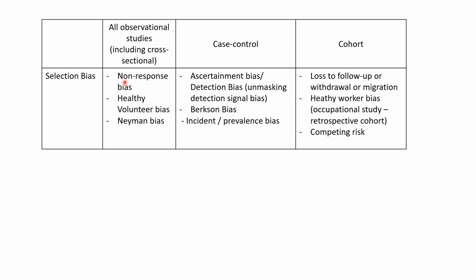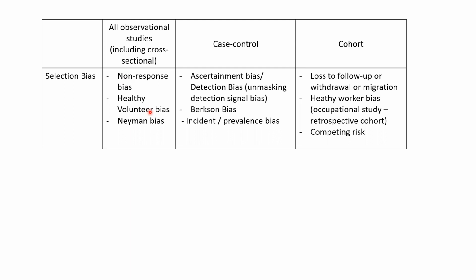You said non-response bias, which we can find in all types of studies. Also we have the volunteer bias, or healthy volunteer bias. Say I want to see the association between obesity and depression, and I don't have time, so I want a convenient sample.